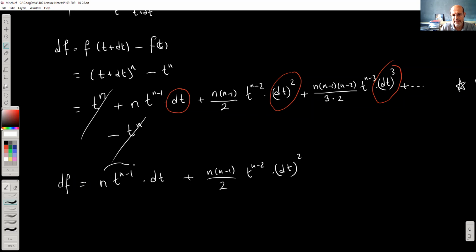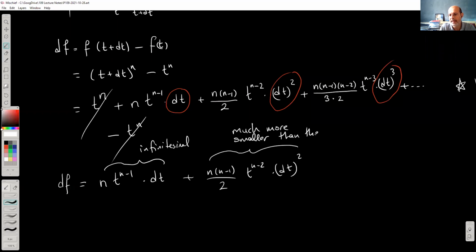So this is small, that's infinitesimal, all right, because there's dt in here, which is almost zero. But this is even smaller, so much smaller than the first term, right? Than the first term.